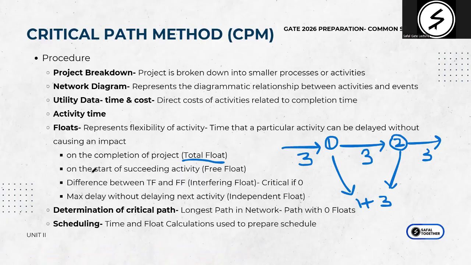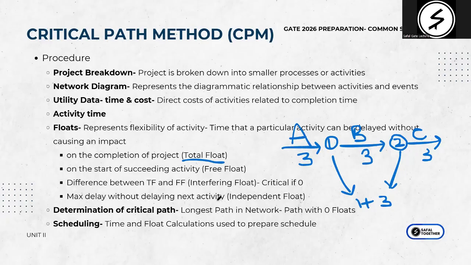Your free float is basically the time before the start of the succeeding activity. So you have an activity A, you have activity B, you have activity C. Now the free float for A is 1, because before the start of the succeeding activity, how much time do you have? That is your free float.